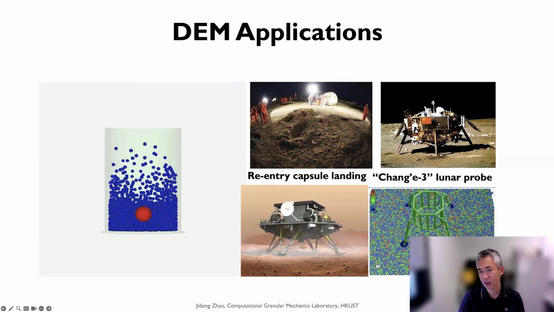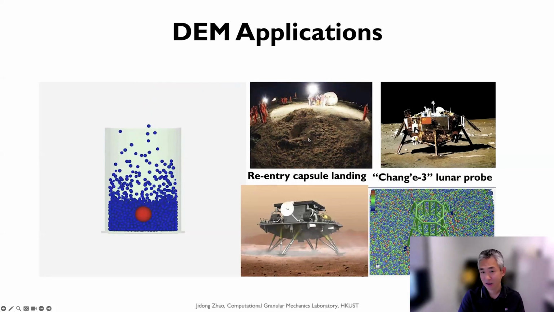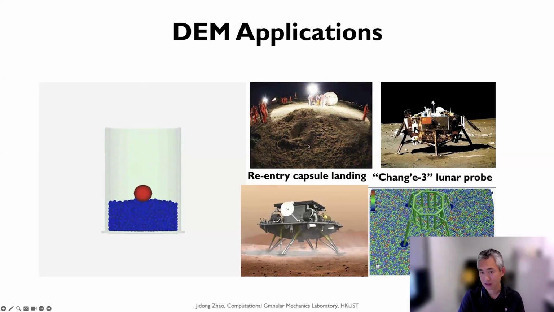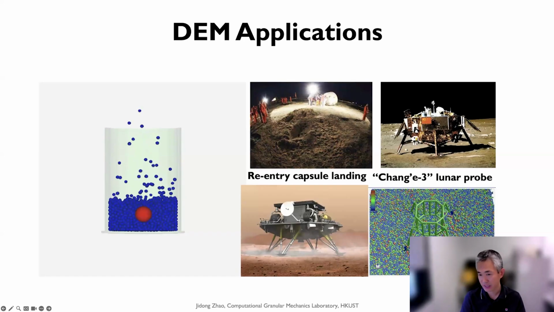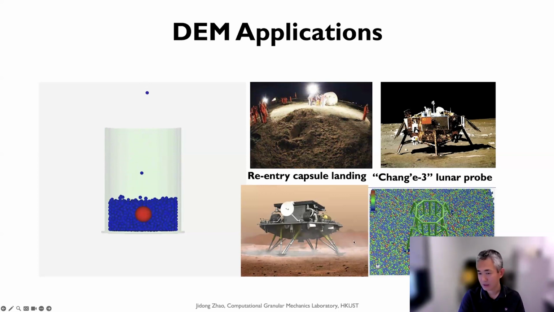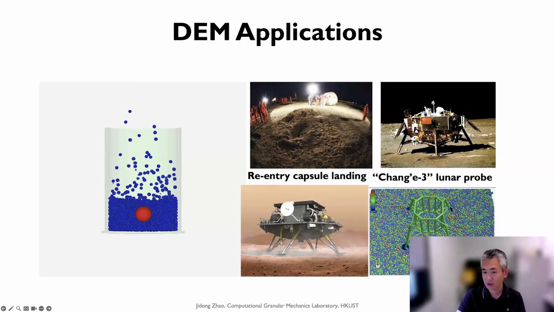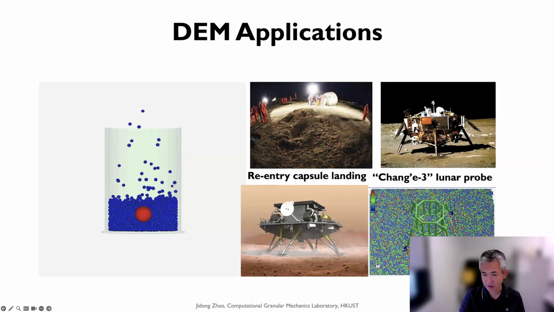People also do some kind of physical test on land as well, but it's not ideal. We can supplement with a numerical model like DEM to really test when such a lander, a Mars lander, lands on different soils with different densities, and what would be the optimal design for that here.